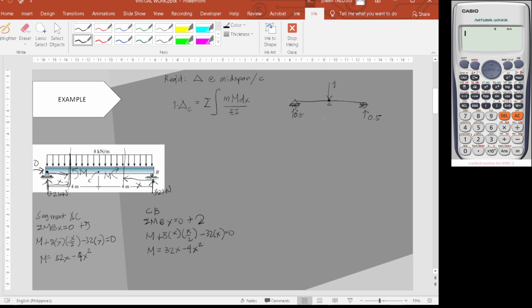We're using kilonewton because our given is in kilonewton.